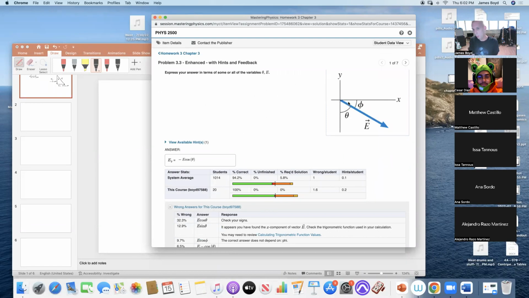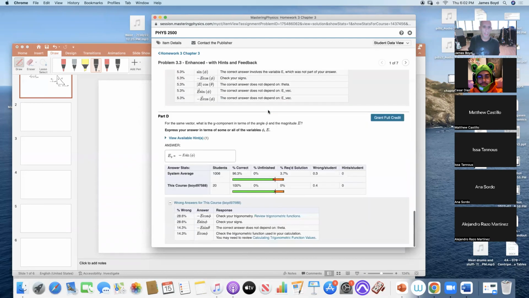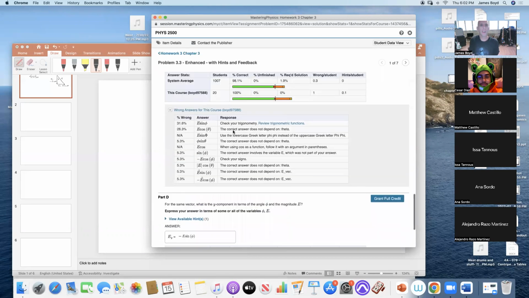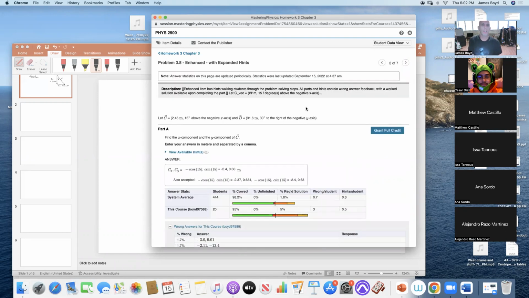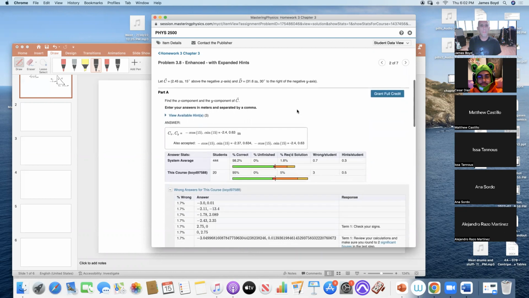It'll be E cosine of phi, and E to the Y will be down, and it'll be negative E sine of phi, which is, as you see, negative. So this one's really about just making sure that you can pick out the X and Y components of this vector. I think that's pretty easy for everyone. I hope it is. And we'll move on to things that are a little harder.